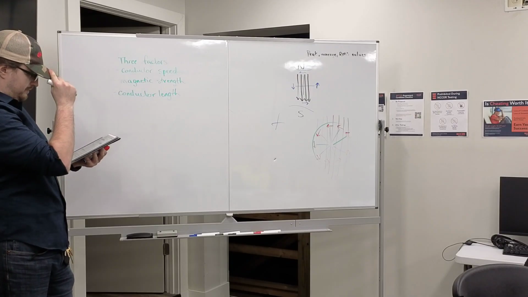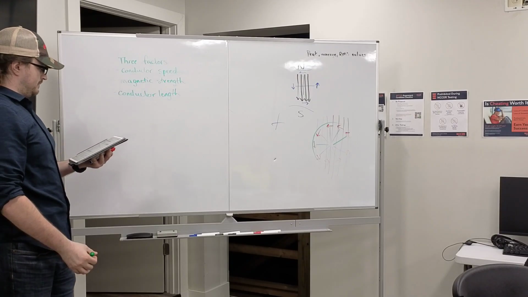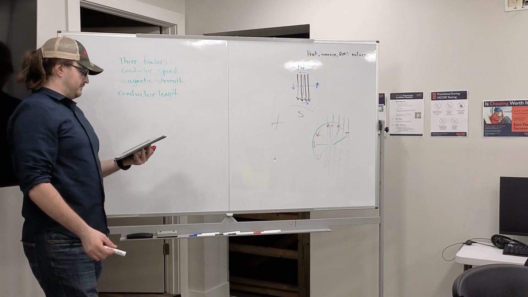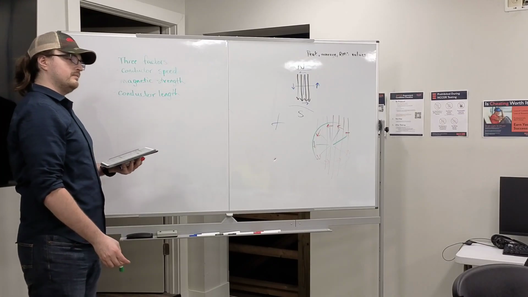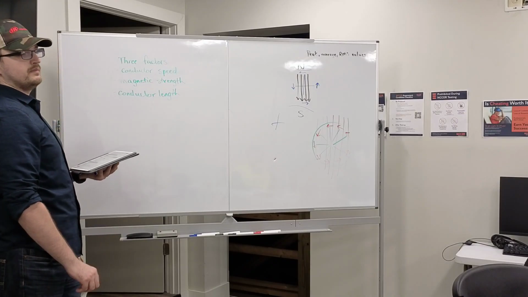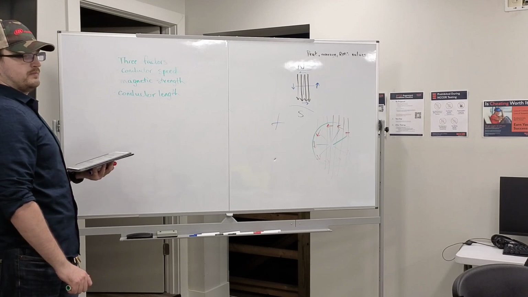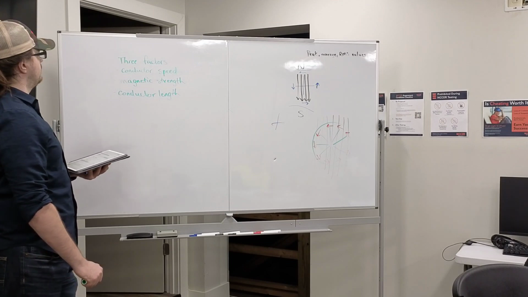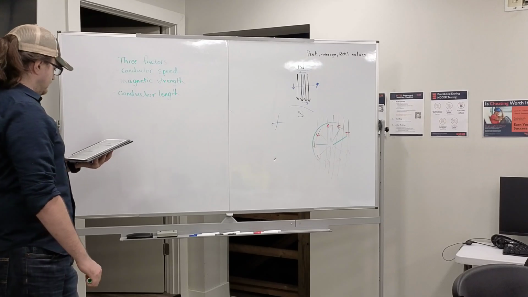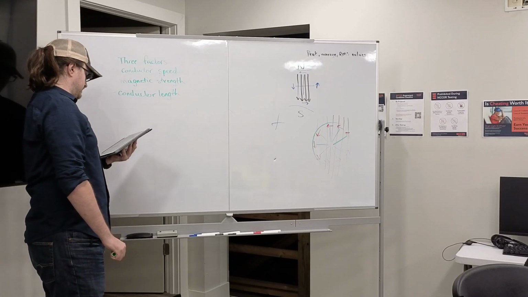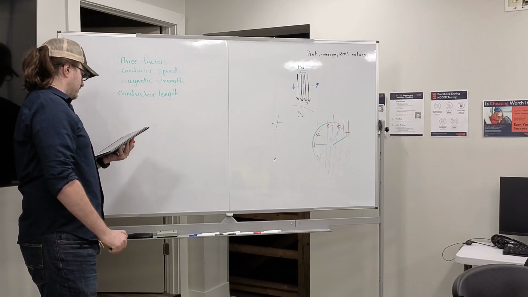You could have two generators where the conductor speed and the magnet strength are the same, but the conductor length is different. Right. Now, I have a question.